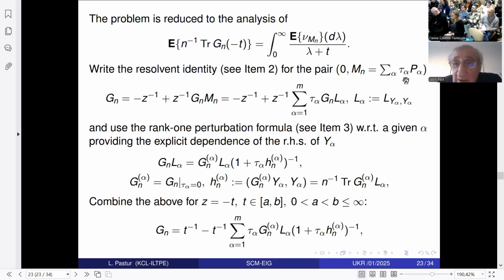Which we wrote this representation for Mn several slides above, yes? And now we have this expression. Now it is still not too useful, but now I use the rank 1 perturbation formula for Gn.